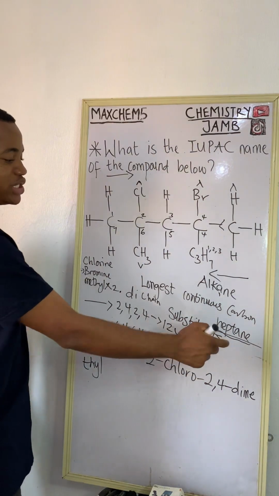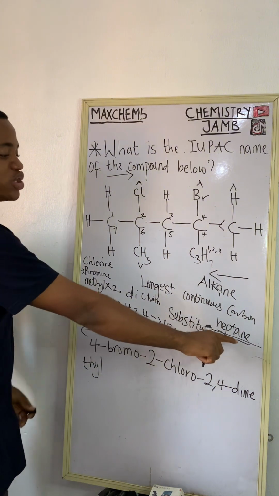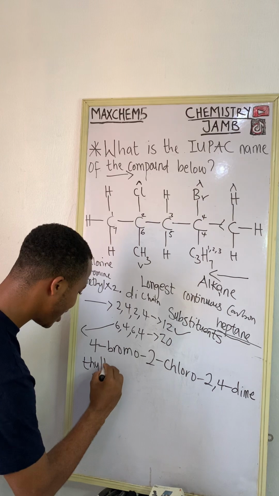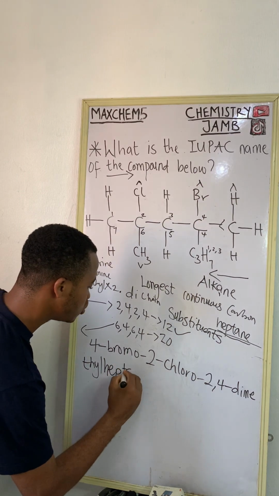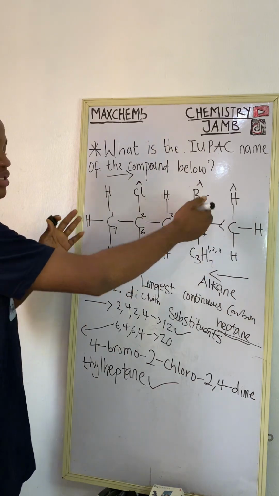Then you are going to put the parent here. You can see that we have already put all of the substituents. Dimethyl what? Dimethyl heptane. So this is the IUPAC name of this compound that is written here.